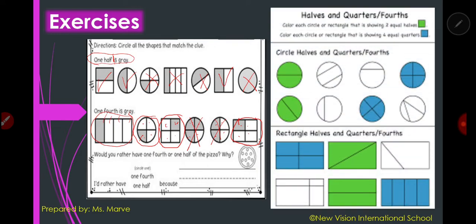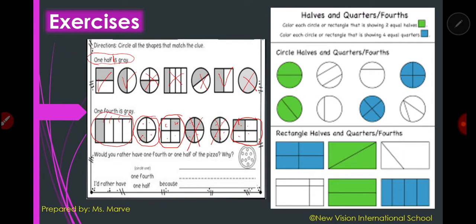Another example. Halves and quarters or fourths. We're going to color each circle or rectangle that is shaded two equal halves, and the other one is four equal quarters.